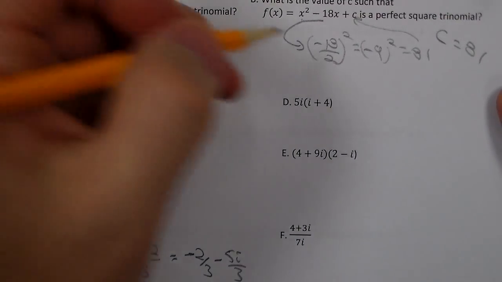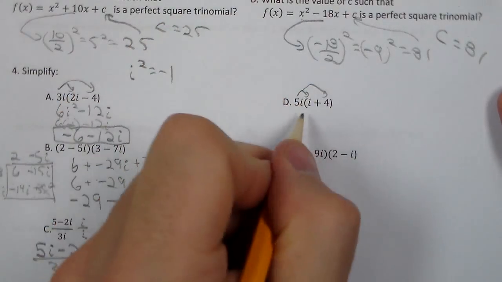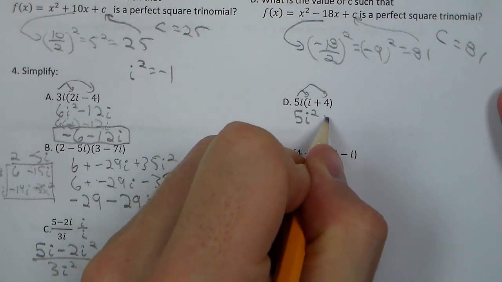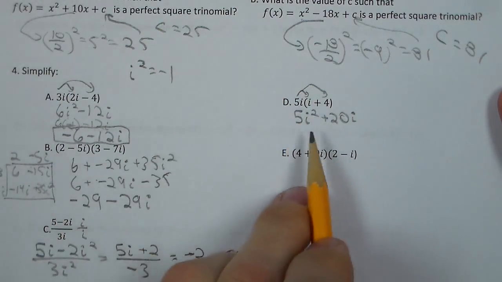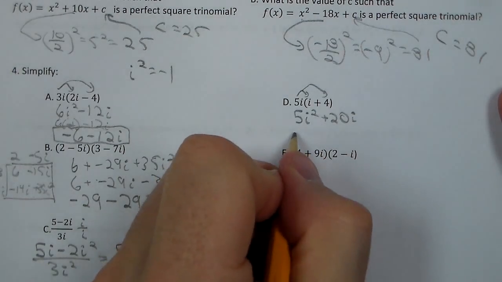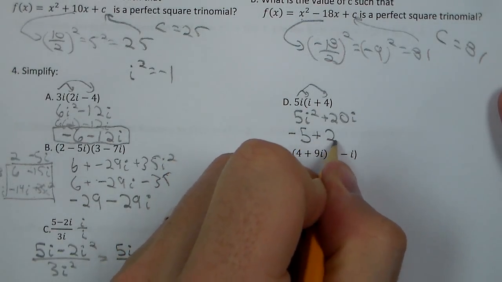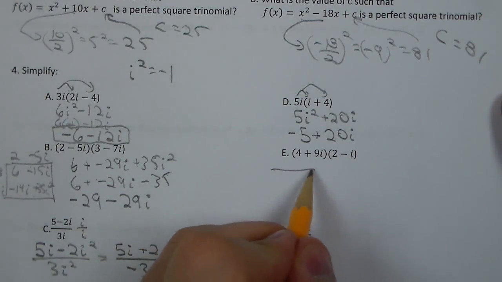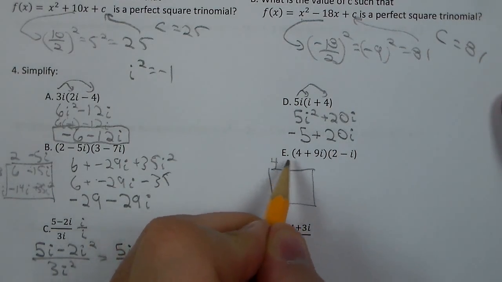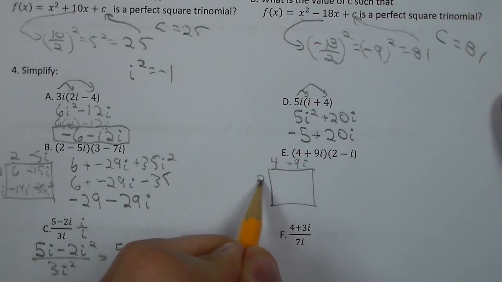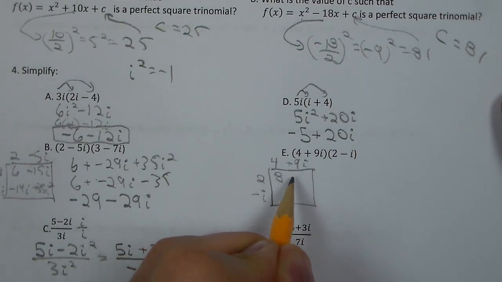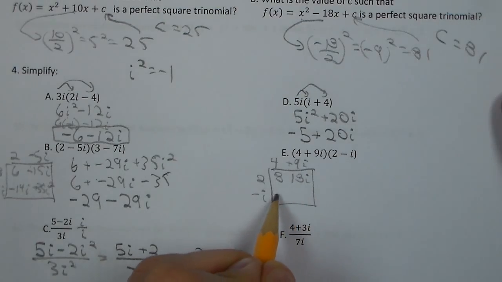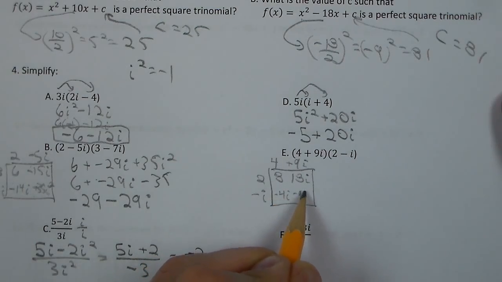For part D, we're going to do distributive property again. We get 5i squared plus 20i. i squared becomes negative 1, so this is now negative 5 plus 20i. For E, we're going to multiply. We'll use the box again. This is a binomial times a binomial. That's 8, 18i, negative 4i, and negative 9i squared.